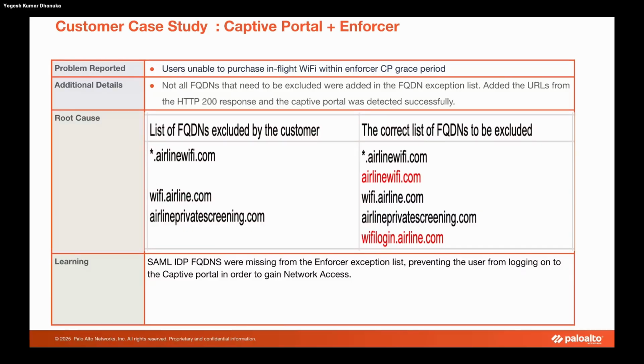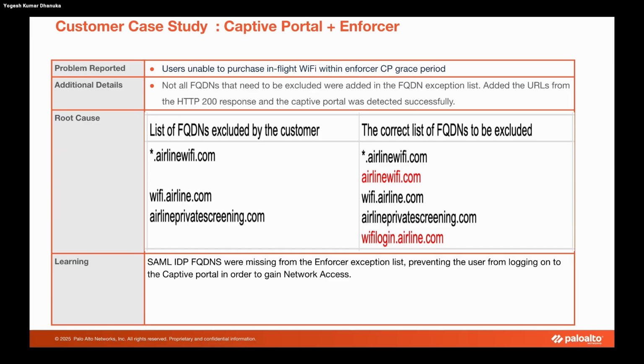Here, the captive portal wasn't showing up, and at the end of the day, the problem was that the list of FQDNs needed for the exclusion was not correct. The administrator had already excluded airlinewifi.com, wifiairline.com, and another URL, but they needed to add more URLs that it was getting redirected to.